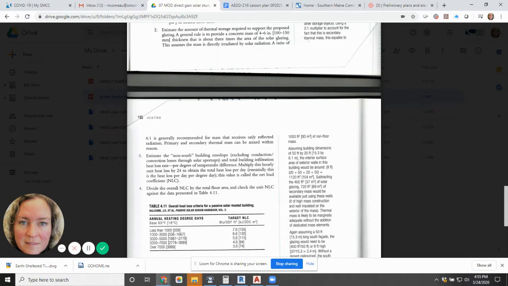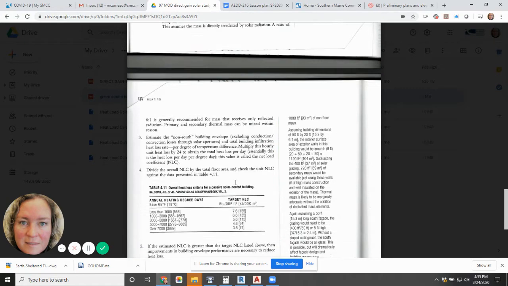And you're also going to calculate the loss through the windows and apertures on those sides. And you're also going to calculate the thermal loss through the roof, okay? And you're going to figure that out based off of how many BTUs you're losing in a single day. And then you're going to divide that by the heating degree days that we have in this area. And that's going to give you your net load coefficient.